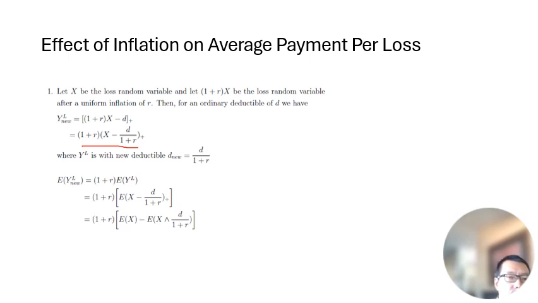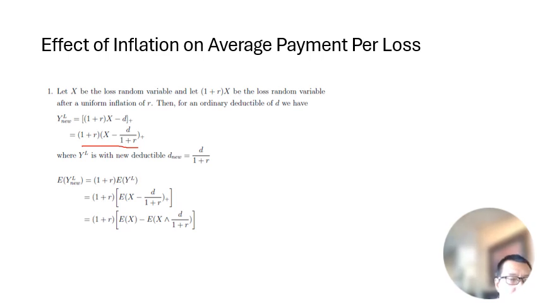So once we have this, we can utilize the formula for X for the average payment per loss. So here is the expected value of payment per loss.